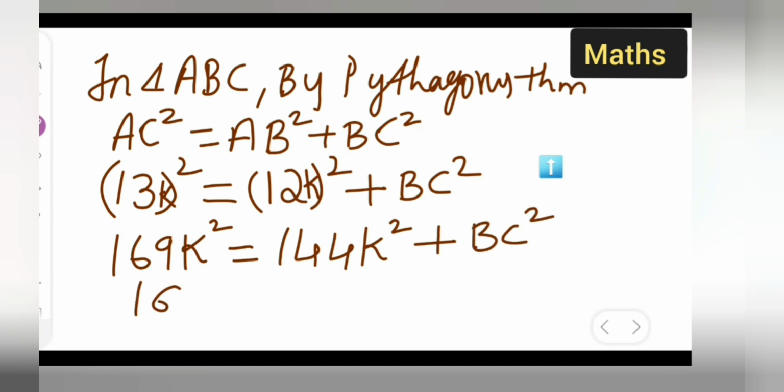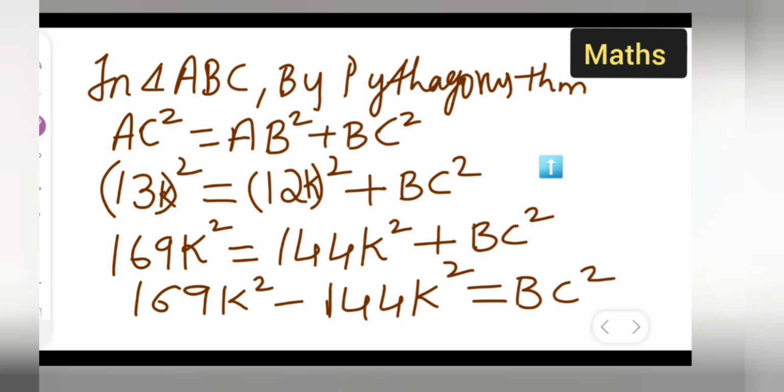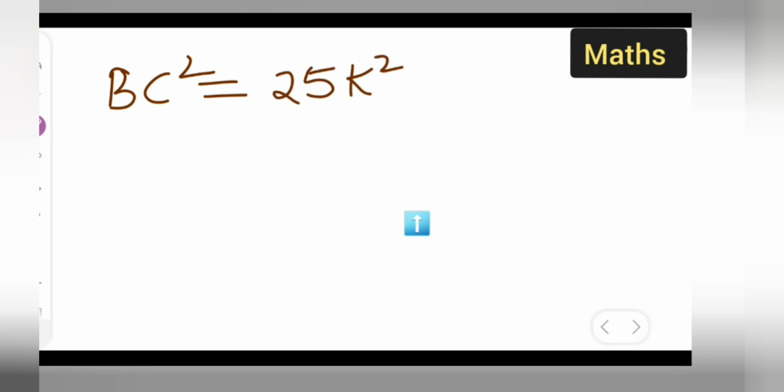Now take down 169k the whole square minus 144k the whole square is equal to BC the whole square. What I have done is I have brought this term to the other side, so it will become minus 144. Now subtract this and I will get 25k square, right? So write down over here BC square is equal to 25k square after subtracting that.